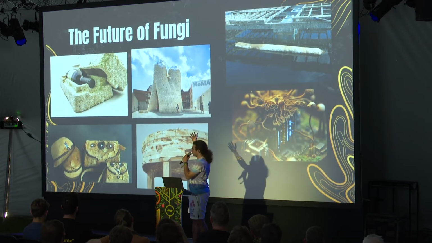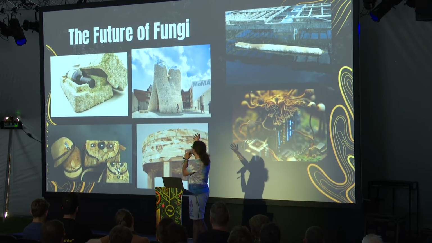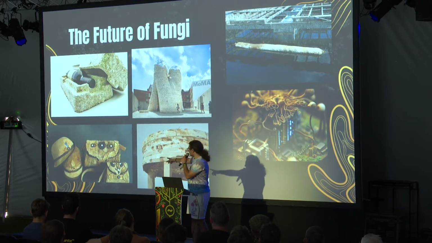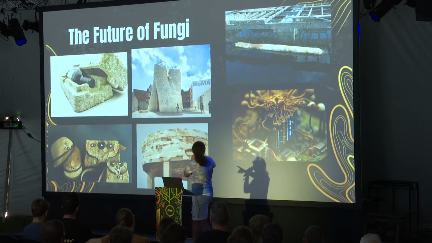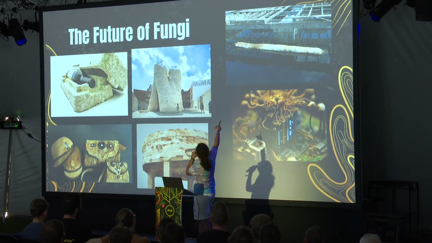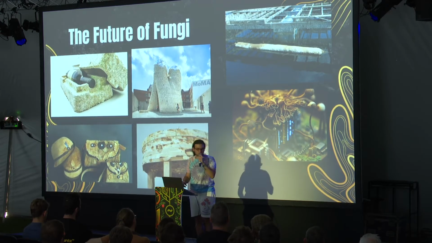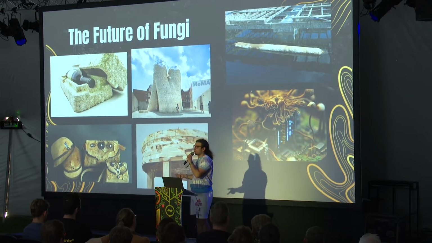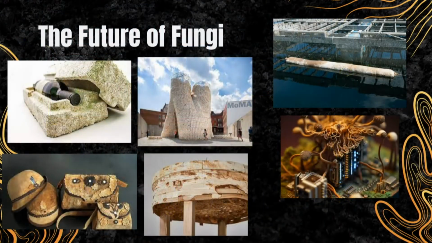People are making construction bricks out of it, and that's an exhibit of people making bricks out of it. You have leather. People are making plywood. This up here is a type of mushroom that eats complex hydrocarbons like plastic and oil, and essentially you can drag it through oil spills and it will eat that up and make mushrooms. Recently I found out that people are trying to make computers out of it.